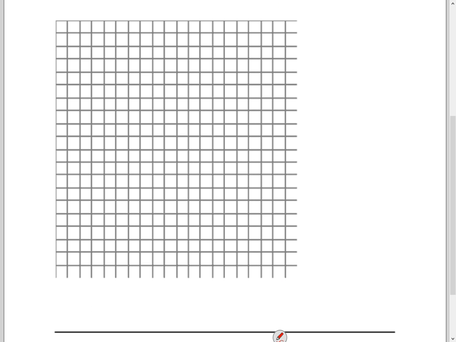Let's see, 1, 2, 3, 4, 5, 6, 7, 8, 9, 10. Let's make a line from here to there. So as soon as I see that I have to shade below that, I might do something like this.